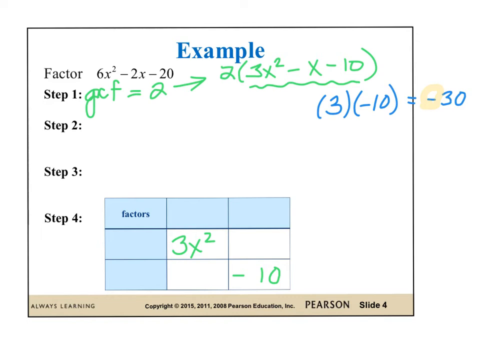So the factors of 30 are 1 and 30, 2 and 15, 3 and 10. 4 doesn't divide 30. 5 times 6, and because 6 would be the next factor in our first column, then we know we're finished and we stop. And now we deal with the fact of the different signs.